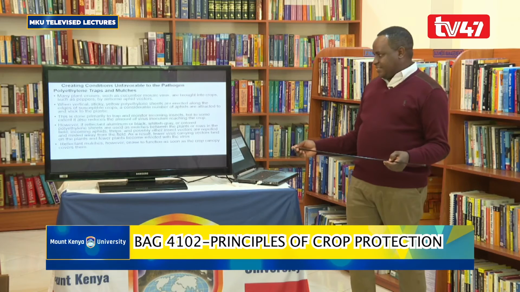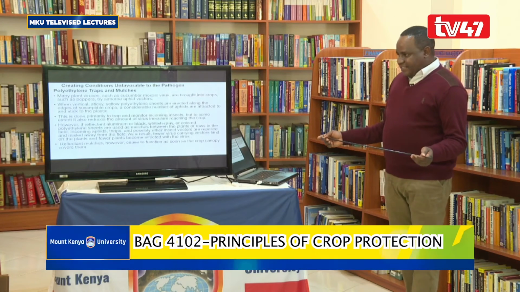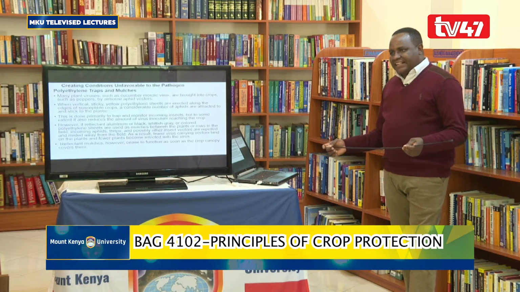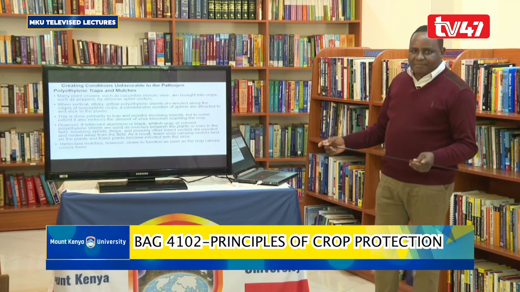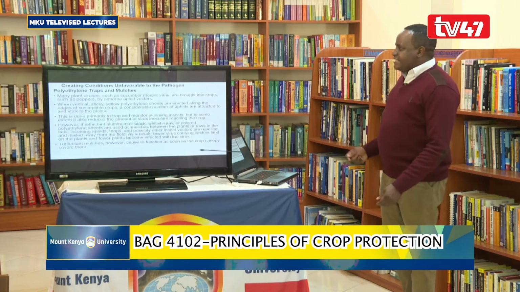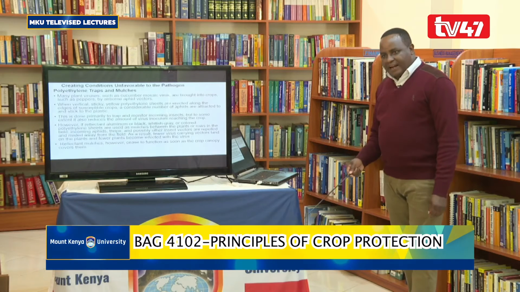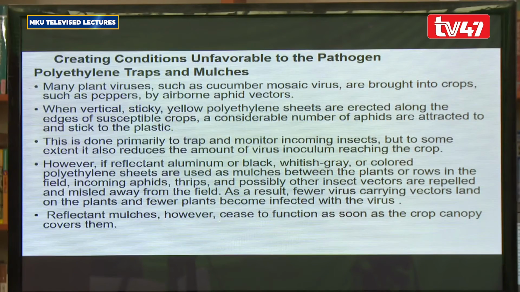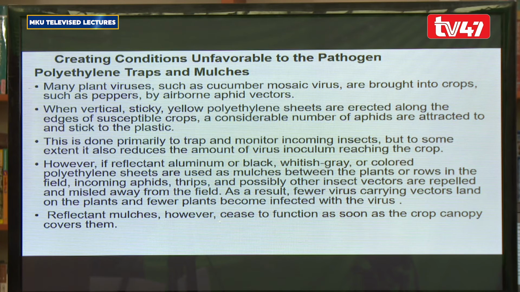Trap plants are plants that allow pathogens to invade them, but the pathogens cannot complete their life cycle inside the plants. Therefore, you plow them in, and this is very practical with nematodes, plant parasitic nematodes, especially the root knot nematodes. You plant crops that are known to be infested, but they don't support full development of the nematodes. So you plant them, the nematodes will hatch and invade the plants, and then you destroy the crops.